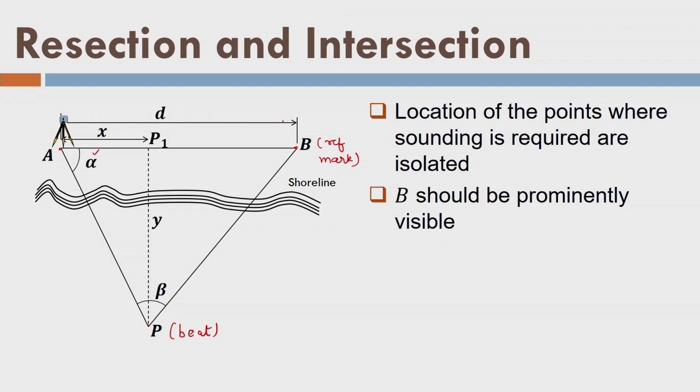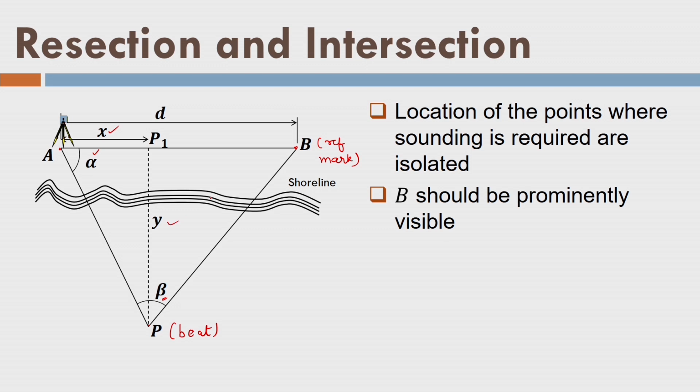Using distance d and angle alpha and angle beta, we can determine the position of boat P, that is the xy location. Again, this method is equally good like the resection and intersection methods, and it is a combination of resection and intersection. By using the same formula that we used in the intersection, you can find out x and y.